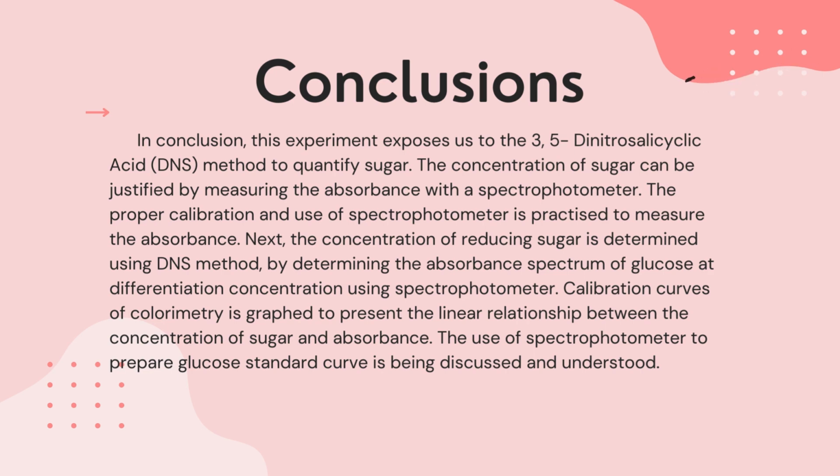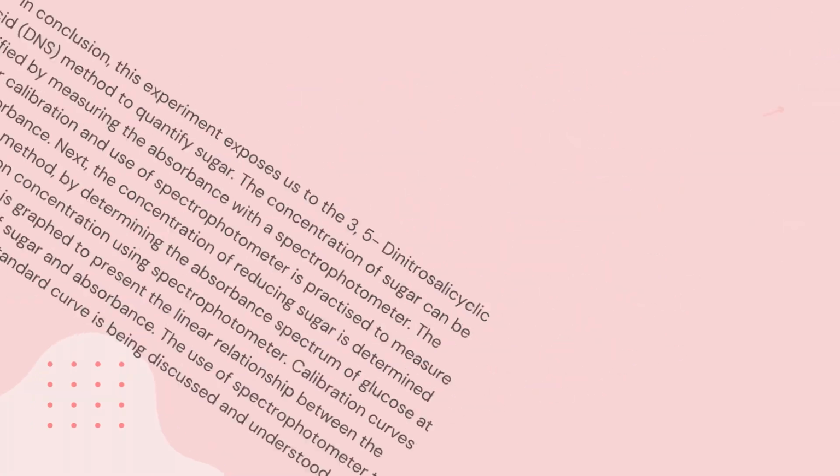Next, the concentration of reducing sugar is determined using the DNS method by determining the absorbance spectrum of glucose at different concentrations using a spectrophotometer. Calibration curves of colorimetry are graphed to present the linear relationship between the concentration of sugar and absorbance. The use of a spectrophotometer to prepare a glucose standard curve is being discussed and understood.